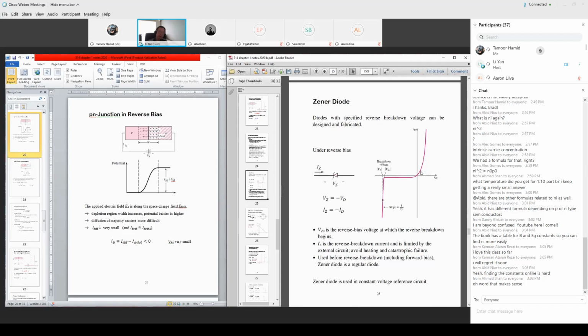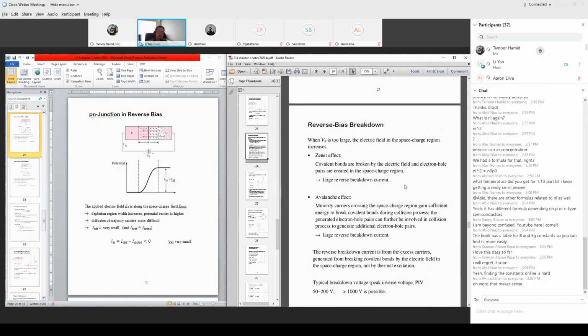Ohm's law is this way. Is this Ohm's law? No. Right? So don't confuse that with Ohm's law. All we're saying is what? When you have a large reverse bias voltage, the electric field breaks covalent bonds.